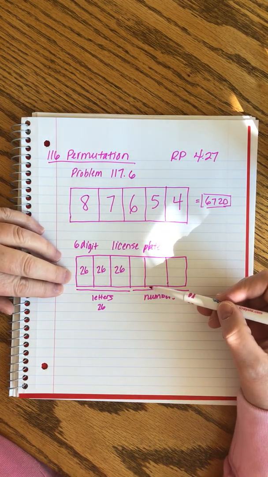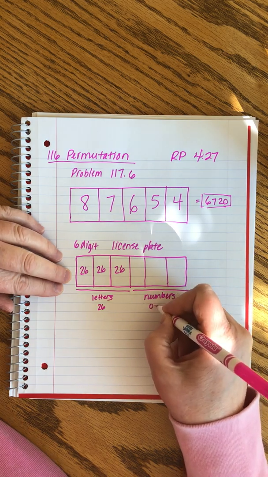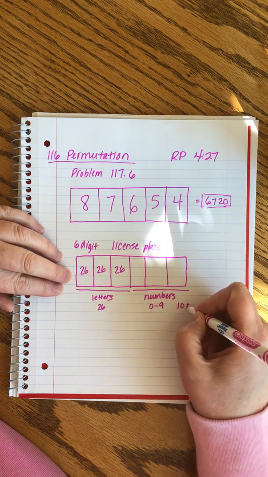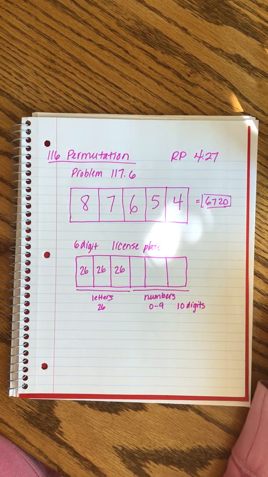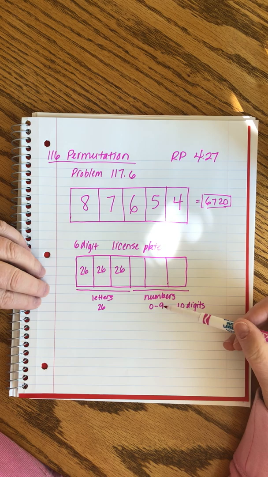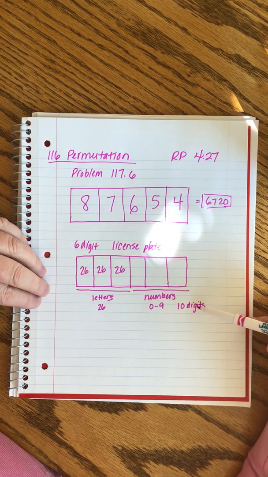With the numbers, we have how many digits? We have 0 through 9. That is 10 digits. That was a place where I think your brain was hiccuping a little bit. But just because the digits go up to 9 doesn't mean there's 9. There are 10 digits in our system.